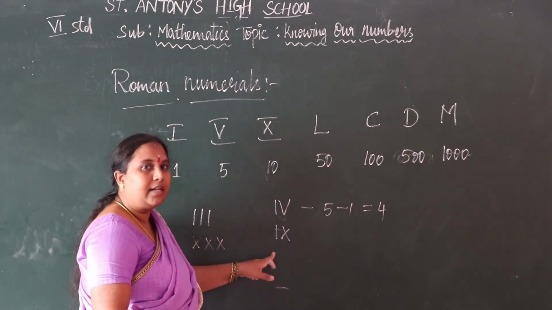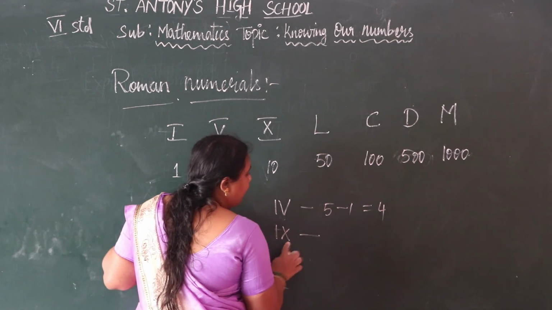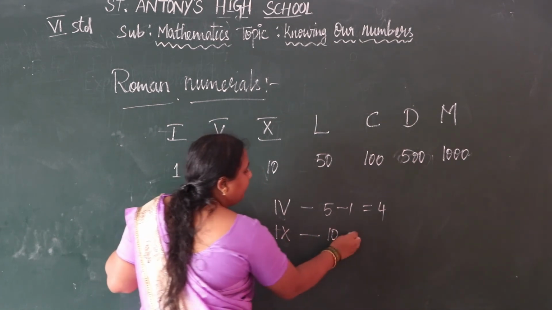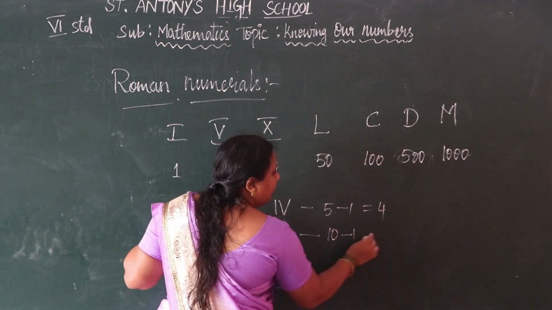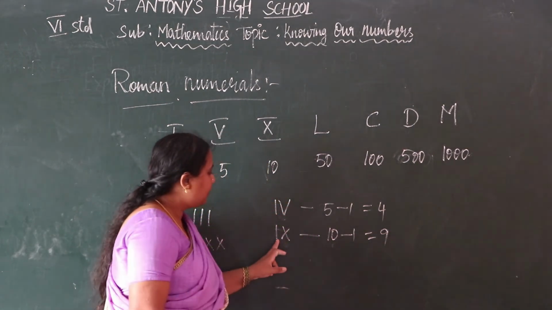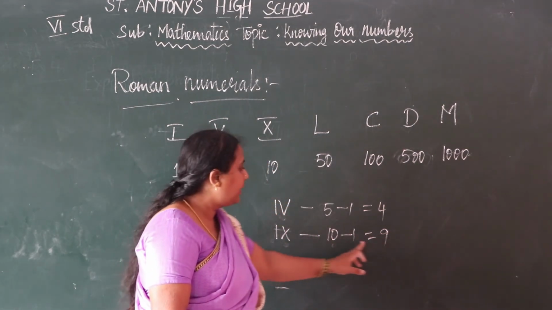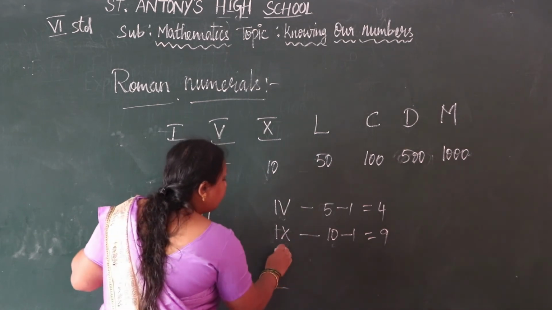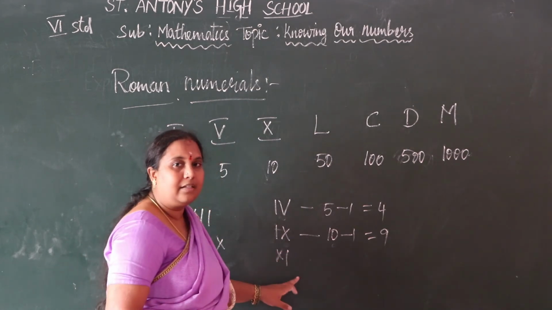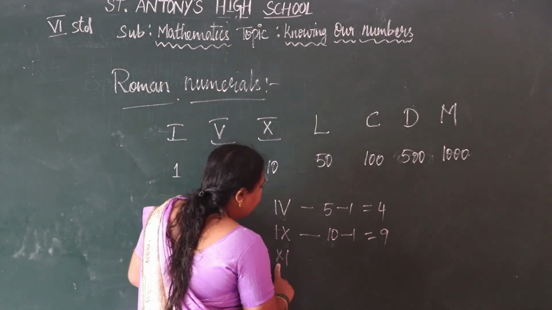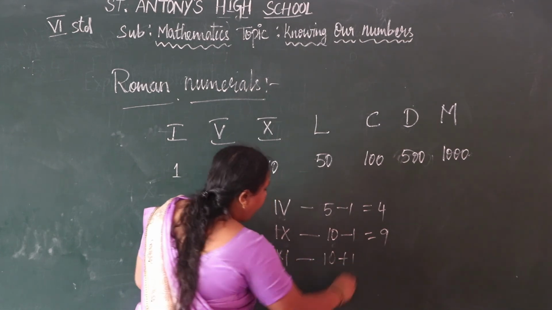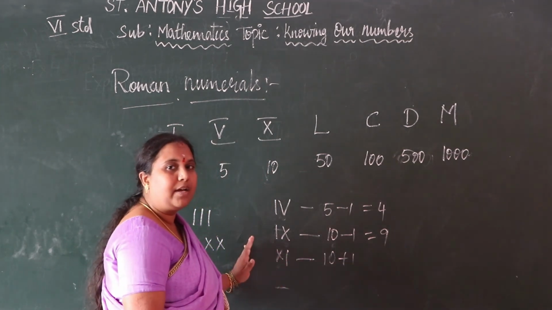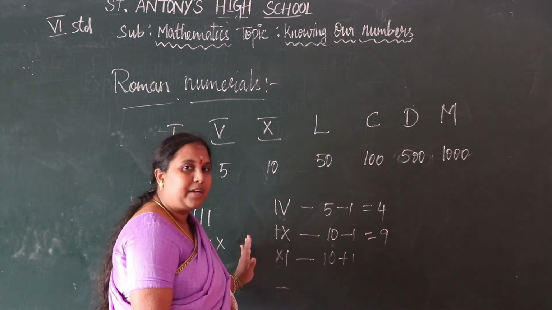Okay, and now the number 9. Here this number is 10. We are subtracting 1 from 10 and getting 9. Okay, 10 minus 1, we are getting 9. And in the same way we have 11, that is 10 plus 1. When the smaller number is before, we are subtracting.